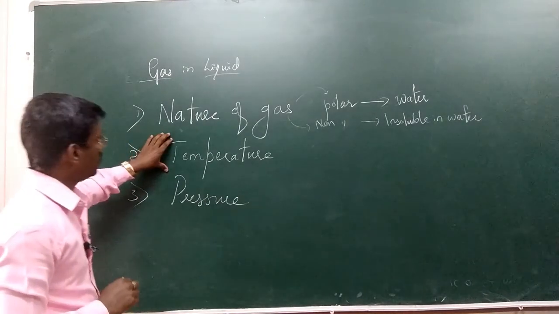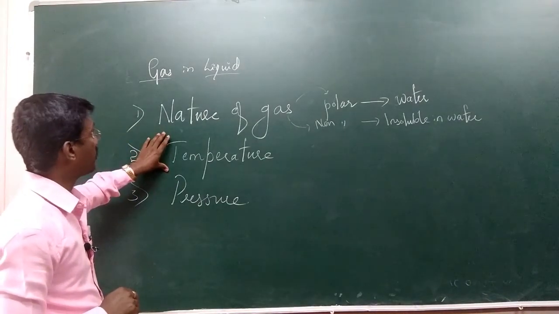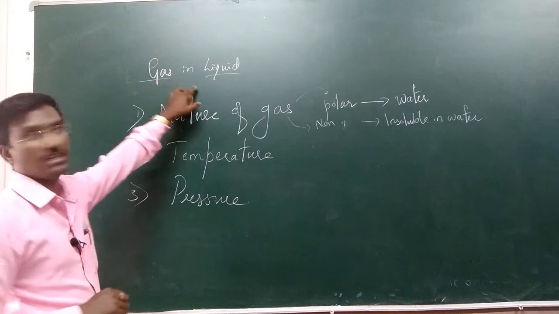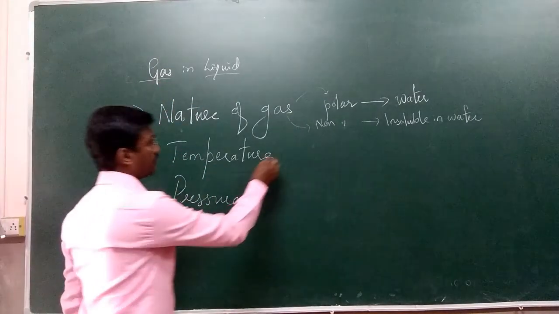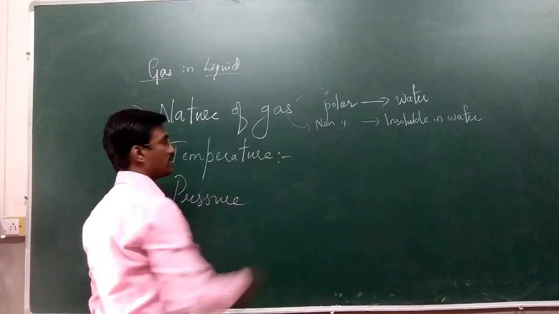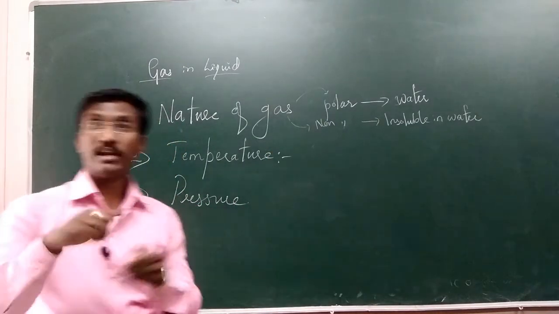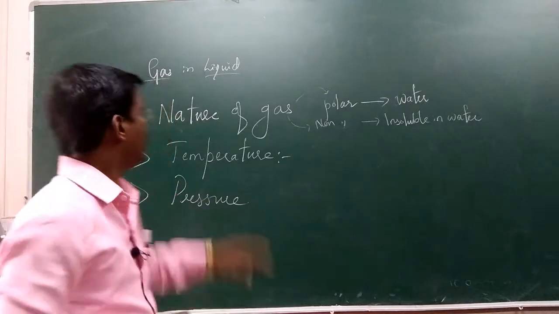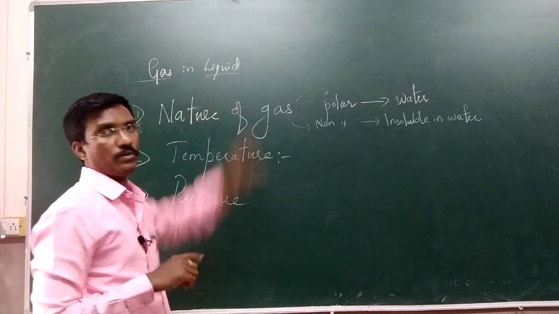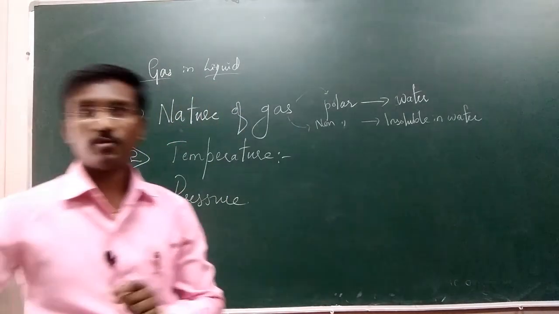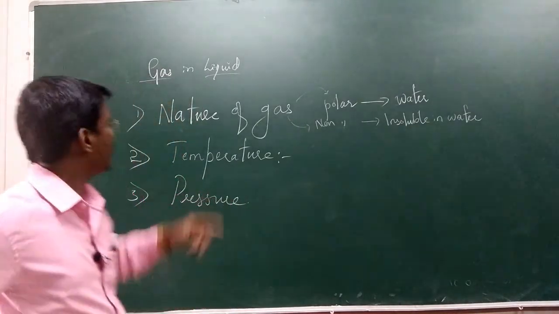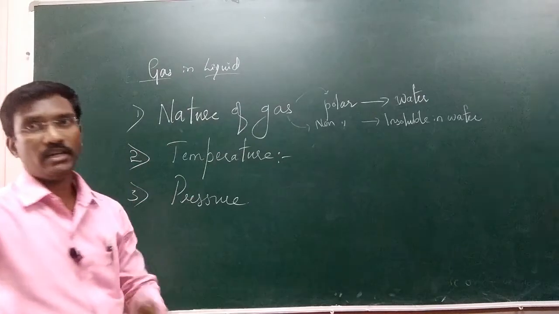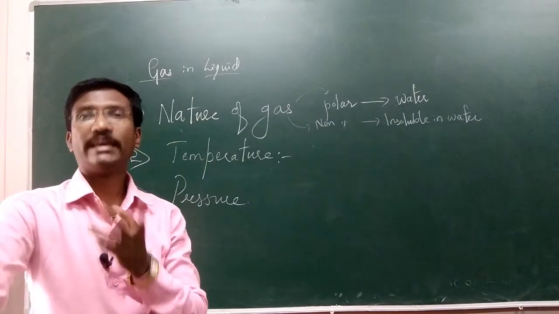Understand the concept. So next one, what is the effect of temperature on the solubility of gas in a liquid? As the temperature increases, does the dissolution of gas in a liquid increase or not? First thing, you have to be clear in your mind whether the dissolution of gas in a liquid is endothermic or exothermic.